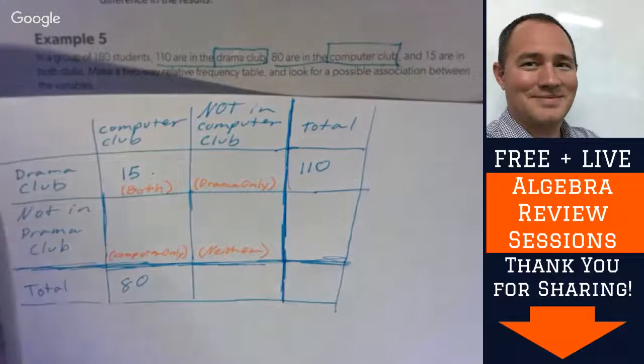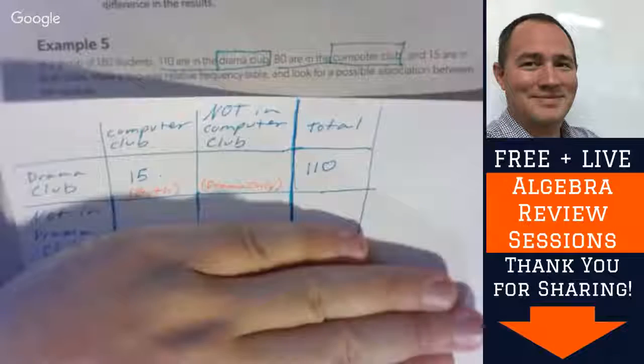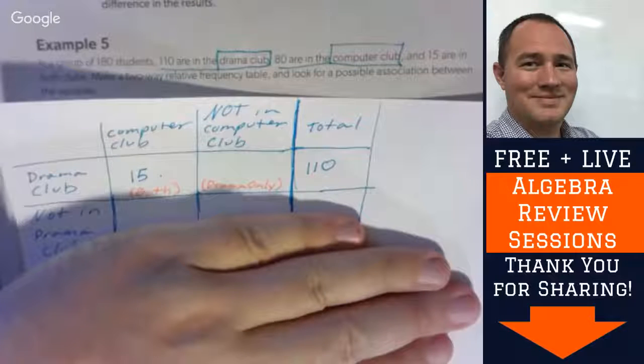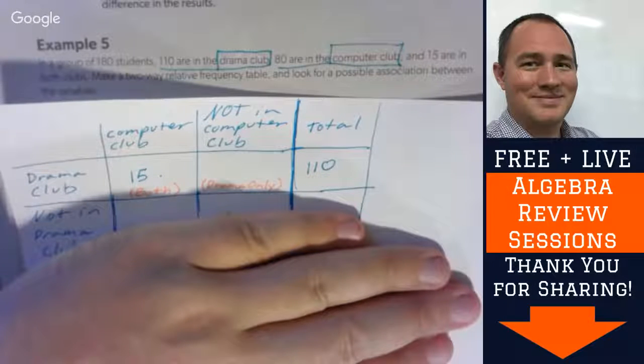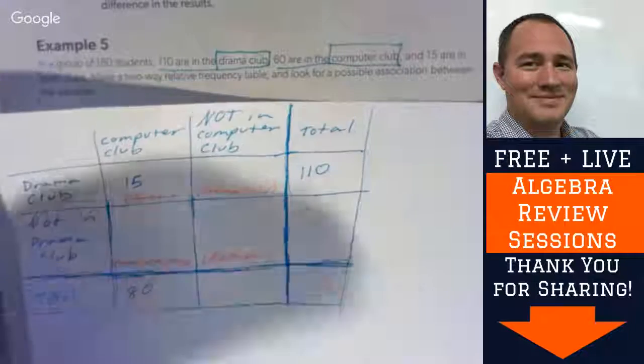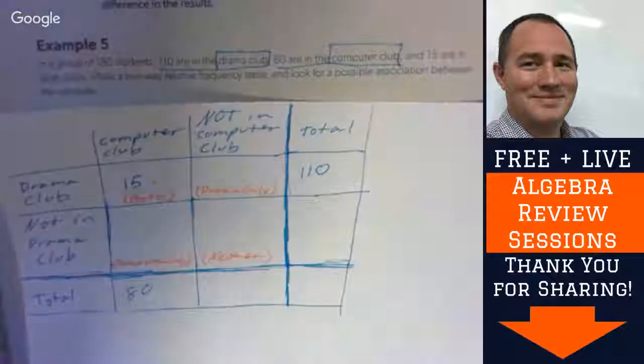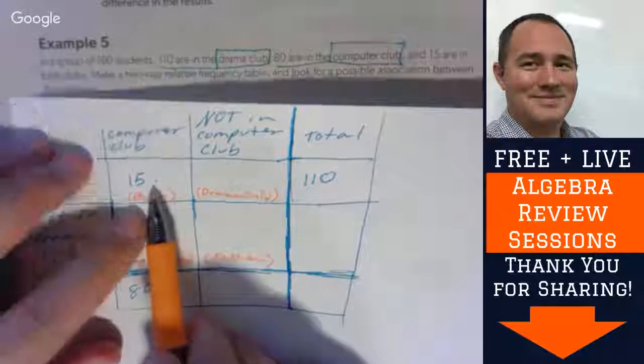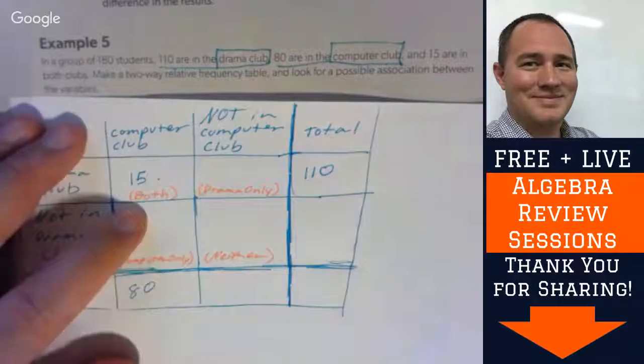So do you remember how we were talking, if looking at any of these rows or columns, if you had only a single unknown cell, we could use addition or subtraction to figure out what the unknown cell was. So 15 plus, and maybe we'll do a different color.